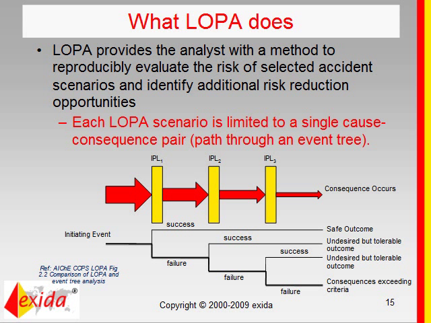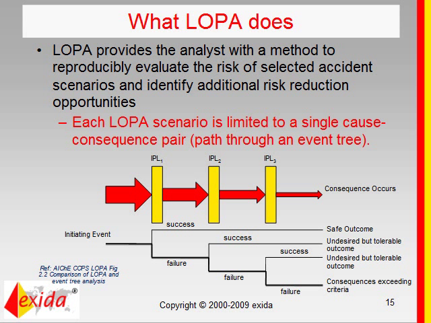So what does layer of protection analysis provide? It provides the analyst with a method to evaluate the risk of a selected accident scenario and identify additional risk reduction opportunities. And it's a very structured method so that it's easy to reproduce, easy to follow by others that may be reviewing the work that you've done.